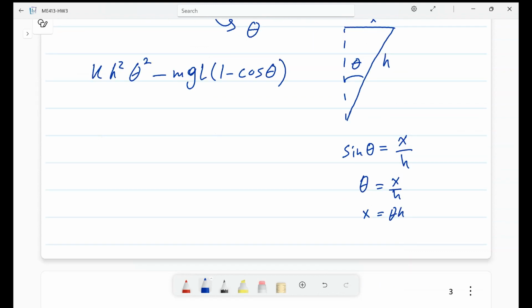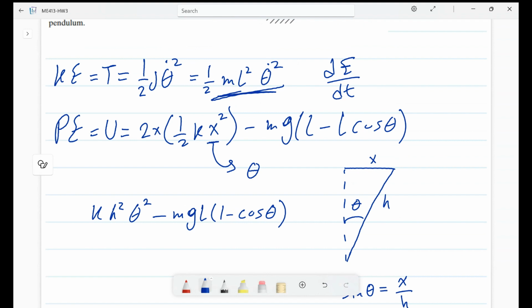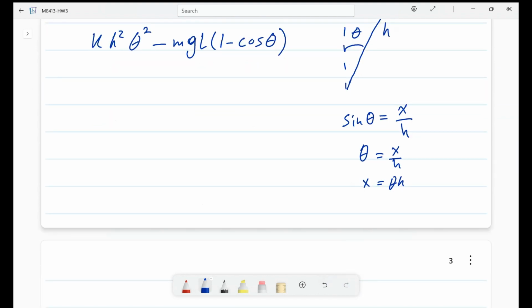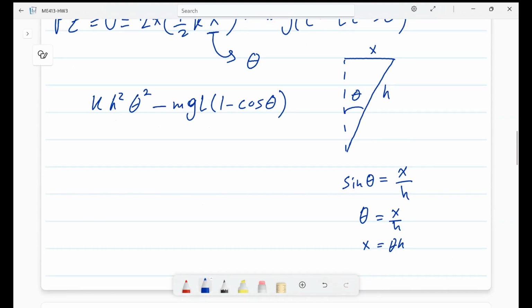Now I will take the derivative of this part first, the kinetic energy equation. Half, I will take the derivative with respect to time, so half m l square multiplied by 2, so this will go, and this is theta double dot. And how did we get this form? It is like theta dot multiplied by theta dot, right?